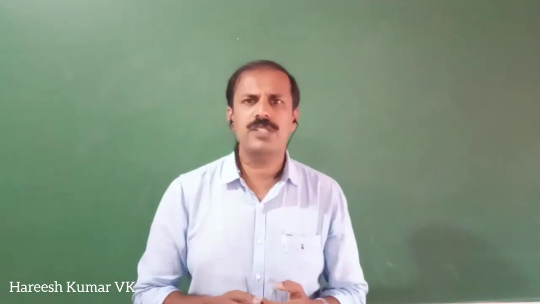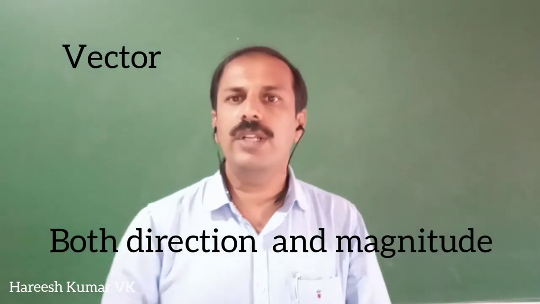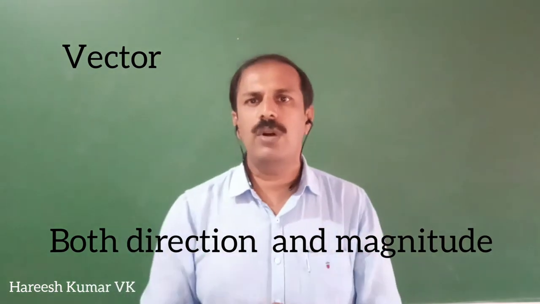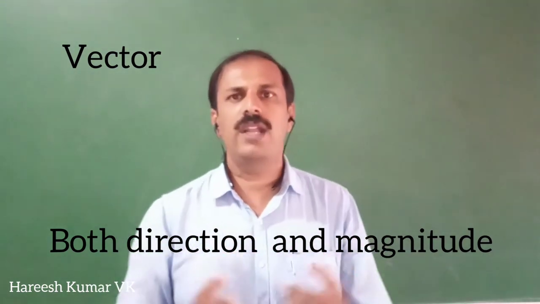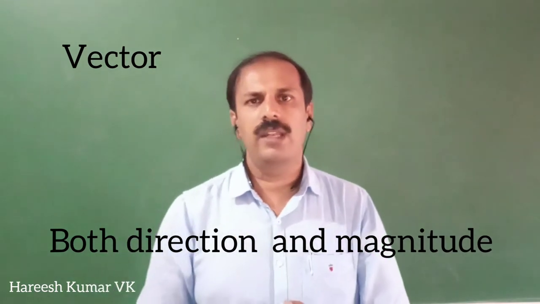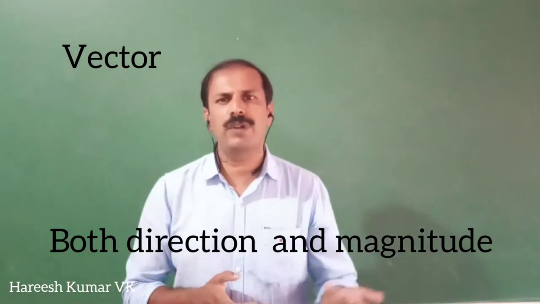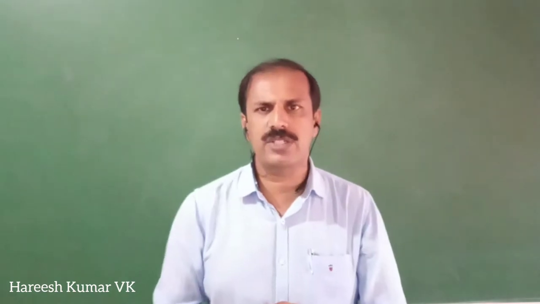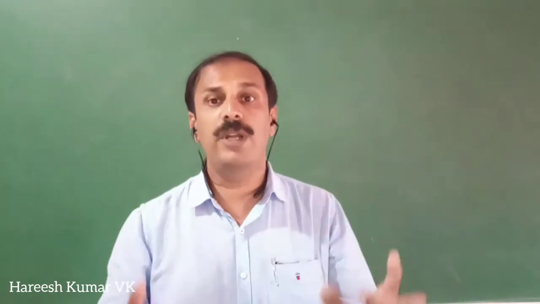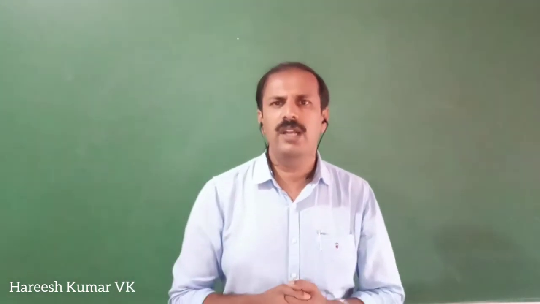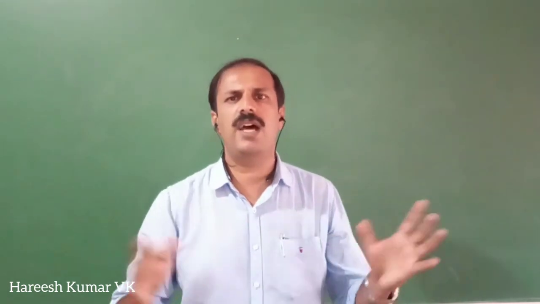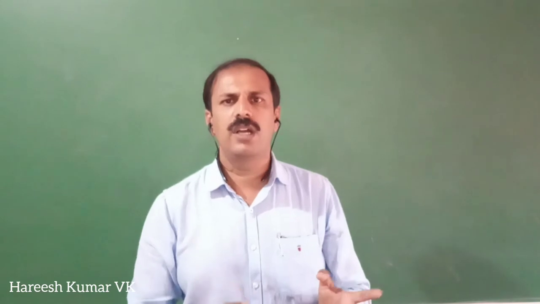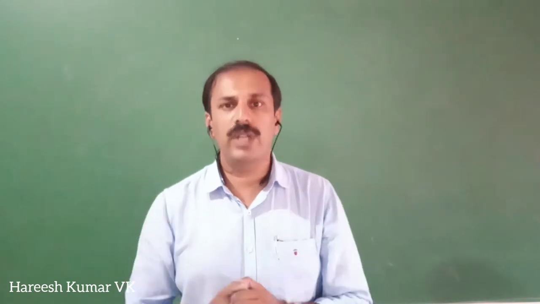And vector quantities are the physical quantities which have both magnitude and direction. So we can take force, then if you go to a higher level, electric field, magnetic field, all those things are vectors. Momentum, like that, so many quantities are vector quantities. So this is the basic definition of how we can classify scalar and vector. That is, one has only magnitude, another has magnitude and direction.